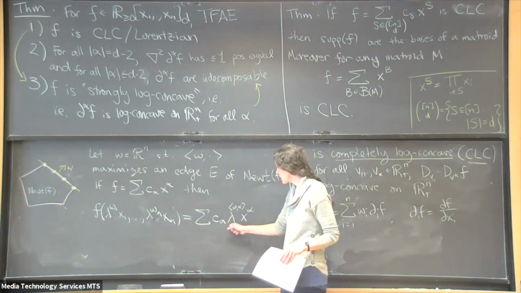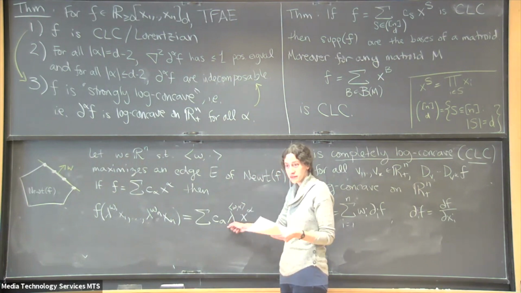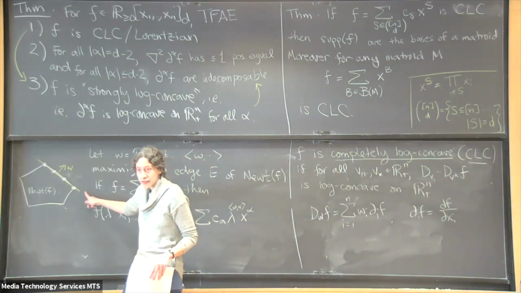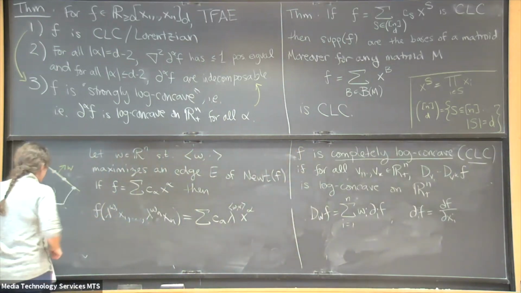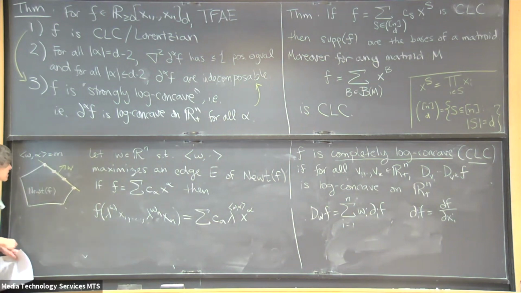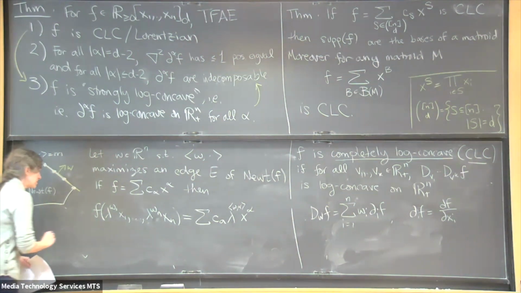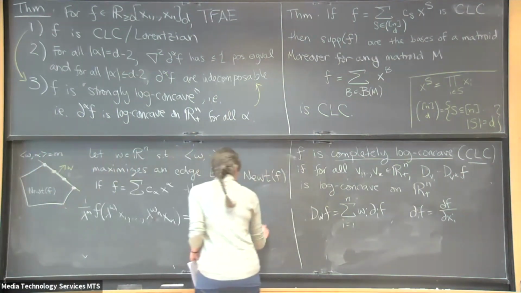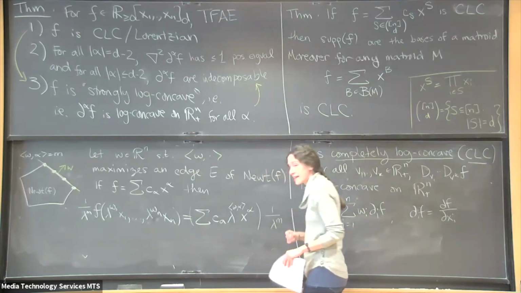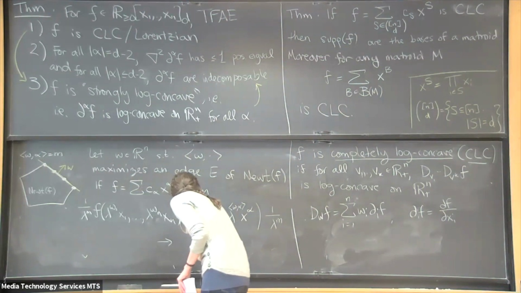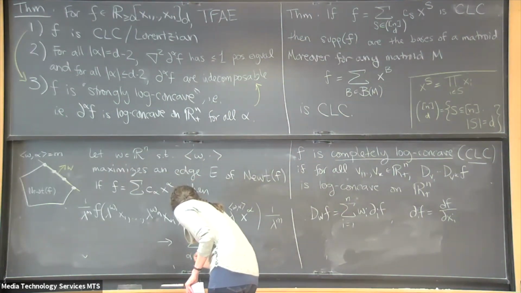Yeah. And then what I'm going to imagine doing is letting lambda grow. And what's going to happen is the terms corresponding to this edge are going to dominate. In particular, I can rescale. If w times alpha equals, say, the maximum m, then if I divide by lambda to the m and then take lambda to infinity, what I get is just the sum over alphas in this edge.